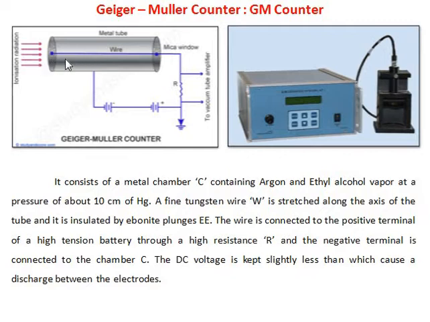When the beta particle gives its energy by interaction to the outermost electrons, it makes ionization. So to that level we excite the atoms inside the gas. When the beta particle enters, it makes an ionization and electrons are liberated.